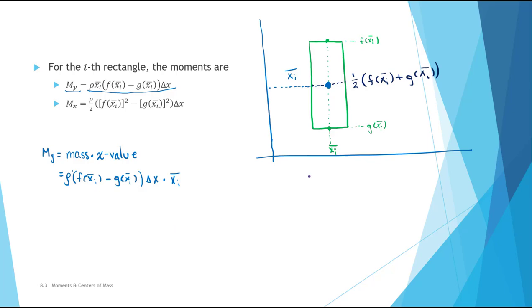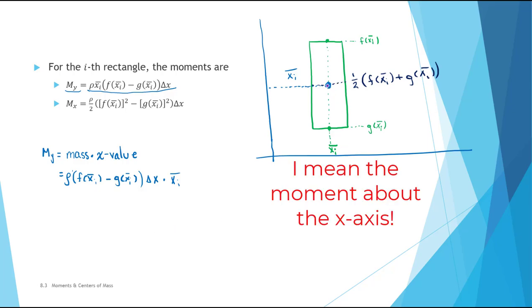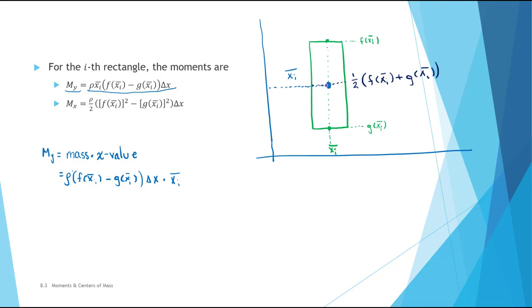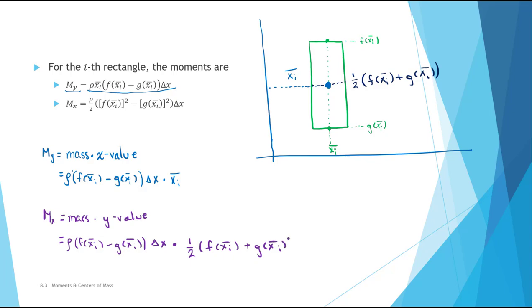For the moment about the x-axis, we take the y-coordinate of this point and multiply by the total mass. So we take the mass and multiply by the y value of that center point. Well, the mass again is rho times f of xi bar minus g of xi bar delta x. Okay, and the y value of this point is 1/2 times f of xi bar plus g of xi bar.